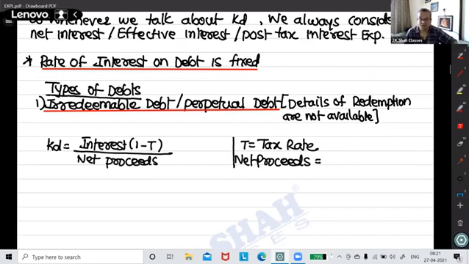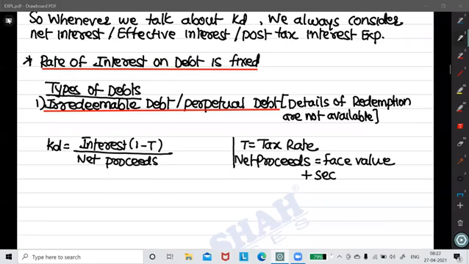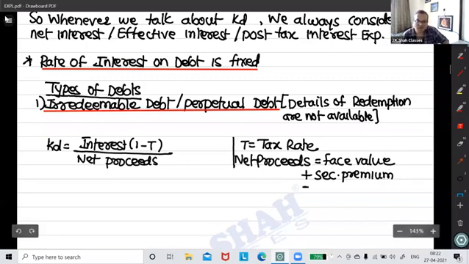Let me write. If you issue debentures or bonds, the net proceeds would be face value plus security premium minus what?